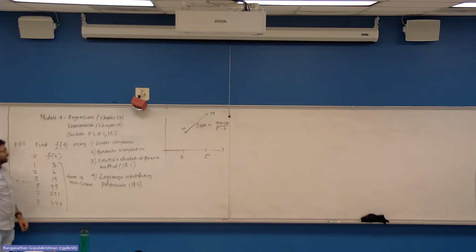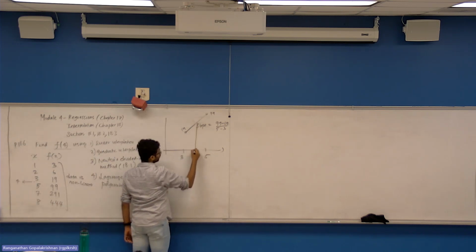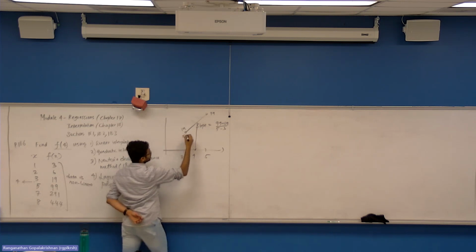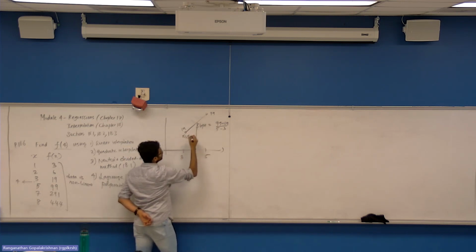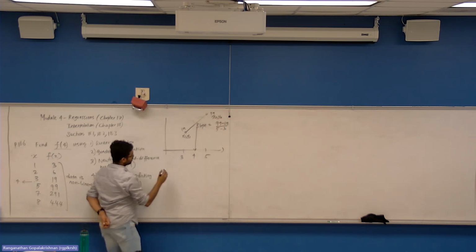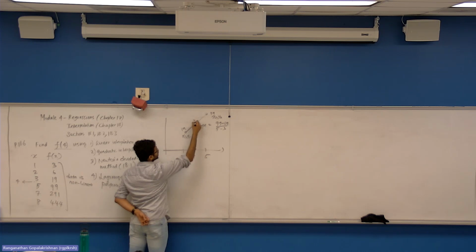Okay. So linear interpolation, we did this as, suppose we are interested in 4, we would just say connecting x1, y1 and x2, y2 using a straight line, and let's say this is x naught, this is y naught.